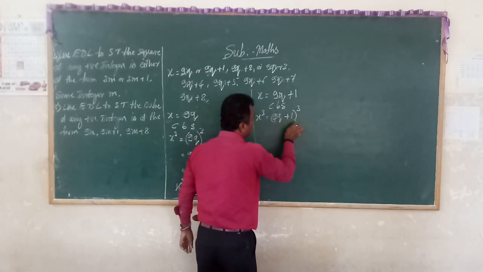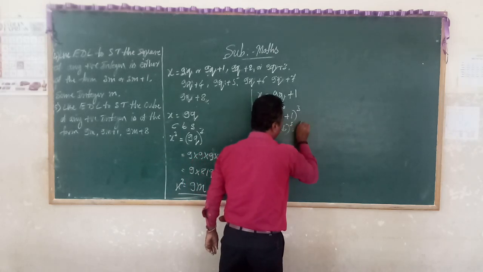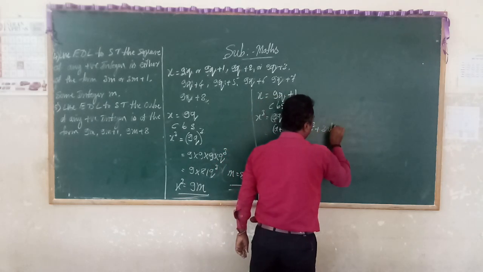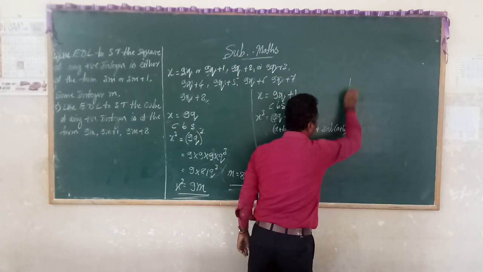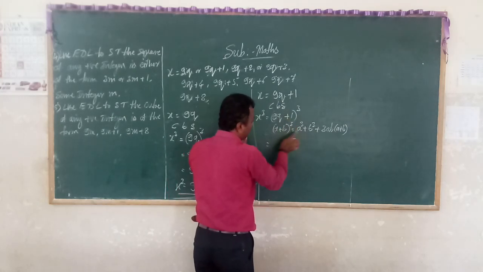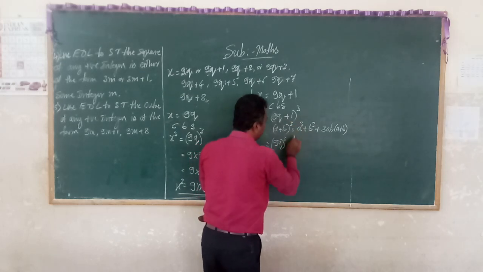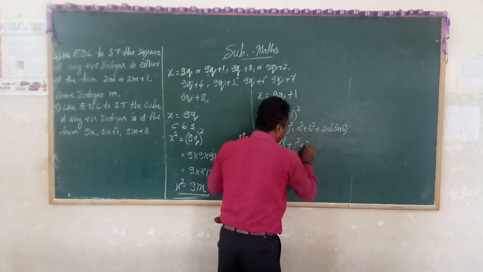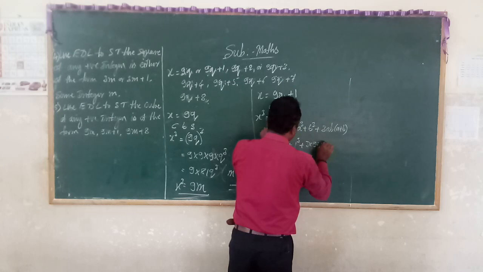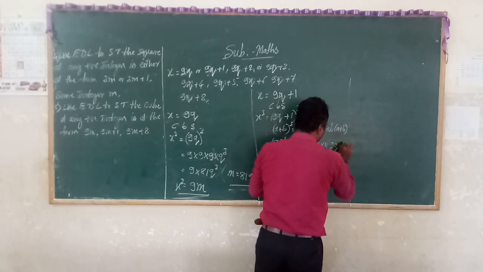Here a plus b whole cube format. So what is a plus b whole cube? a cube plus b cube plus 3ab into a plus b. Okay. So here this is a and this is b. a cube means 9q cube plus b cube means 1 cube plus 3 into a means 9q and b means 1 and a plus b means 9q plus 1.